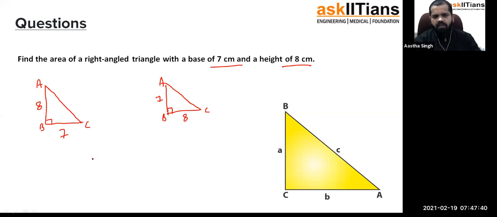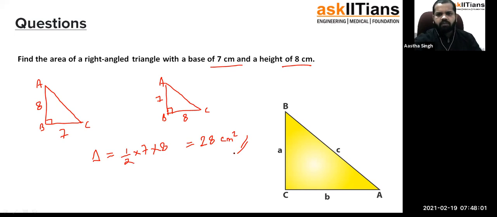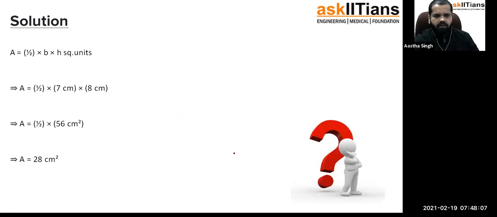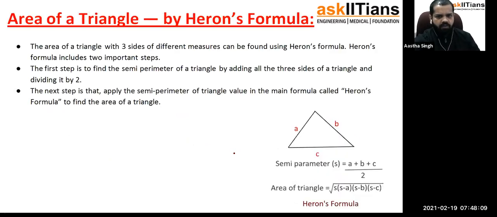So in both cases, area of triangle is equal to half base into height, either 7 and 8 or 8 and 7. Two fours are 8, 7 eights are 56... so half of 56 gives 28 centimeter square. I think the point is clear to you. You have already used this in your earlier classes, so 28 centimeter square is your answer.